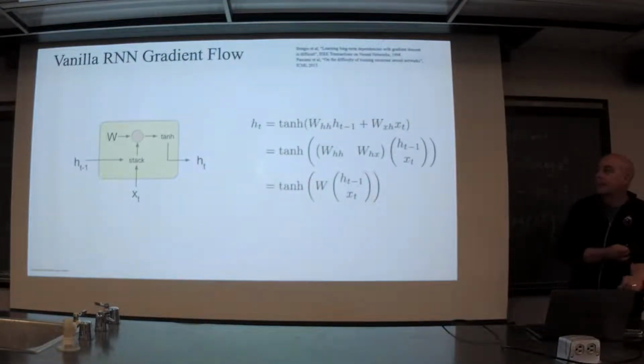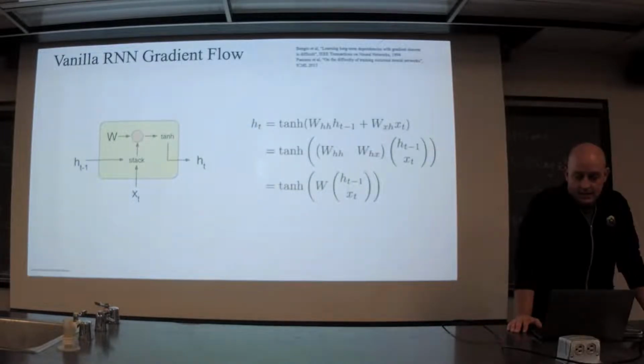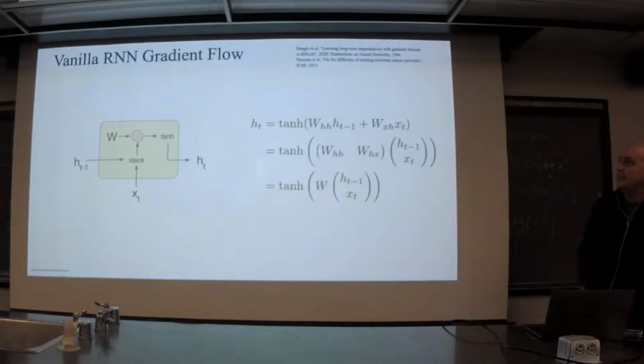Okay, so let's think about this. There are some problems with just the plain vanilla RNN, and we're going to look at this by thinking about the gradients in an RNN, and how the gradients flow through these operations.